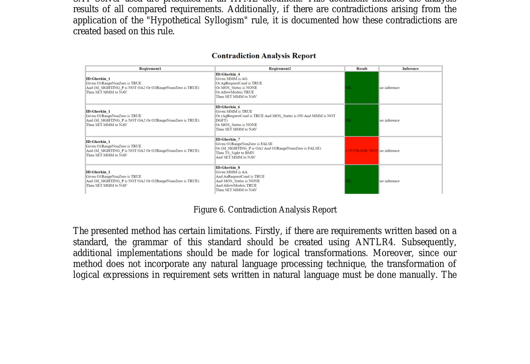Since the method does not incorporate any natural language processing technique, the transformation of logical expressions in requirement sets written in natural language must be done manually. The study concludes that the presented method can significantly reduce the time and effort required for manual analysis of HLR requirements and can also identify nuanced contradictions that may be overlooked by manual inspection.